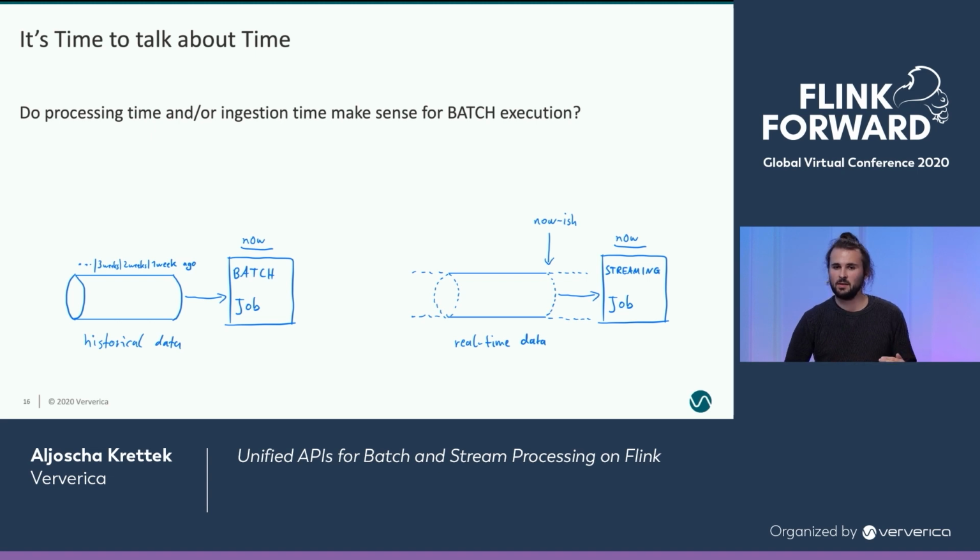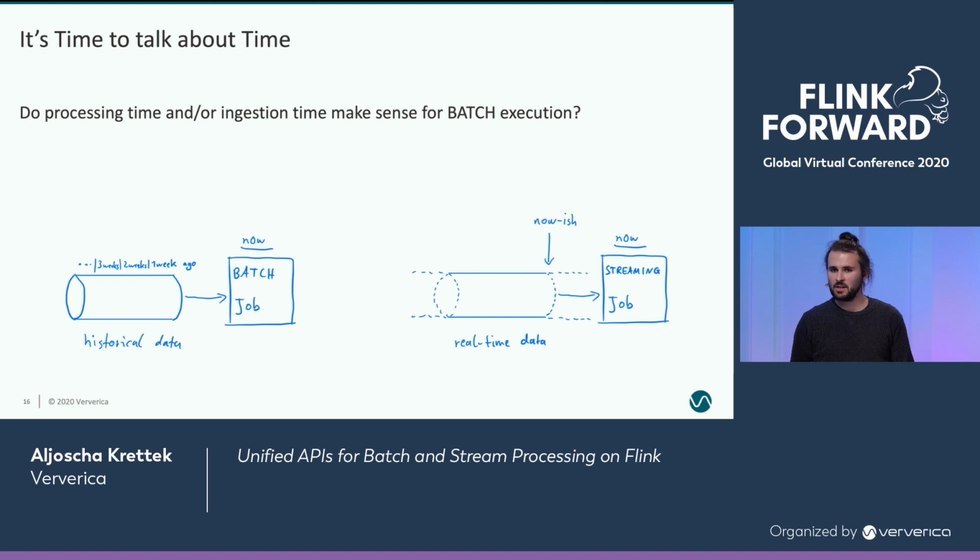But if you look at the streaming job example, if you process real-time or near real-time data, processing time is good enough because the position where you're reading that stream, or what data you're processing, correlates roughly with the time on the machine.